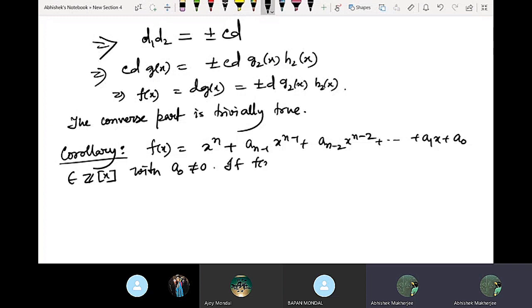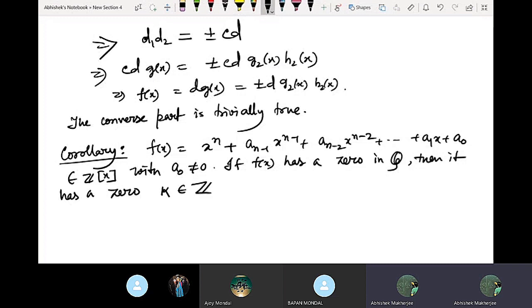Then if fx has a 0 in Q, then it has a 0 k belongs to Z such that k divides a0.